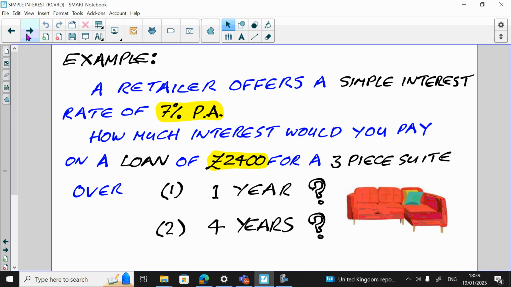So that's why I'm highlighting the percentage amount and the loan amount, because they are not going to change throughout this question. If it's 1 year, 4 years, 10 years, however many years. And even 3.5 years, we could still deal with that. And we'll deal with that at another point.